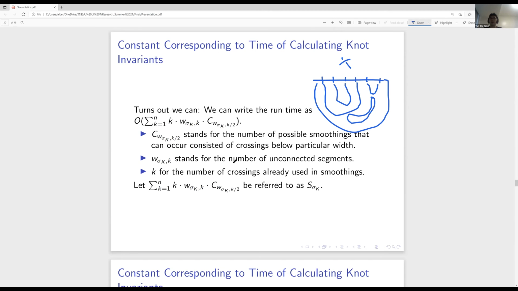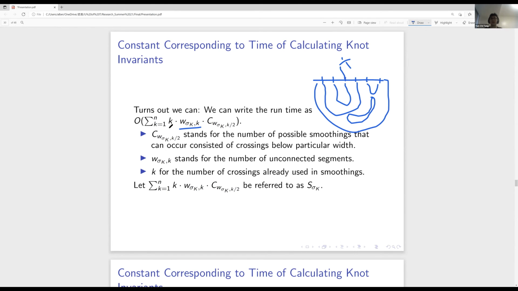And then, as I alluded to, for each of those possibilities, we need to check through the width to see if this new crossing is going to connect to any of the line segments represented by the width. So that is where the width comes from.